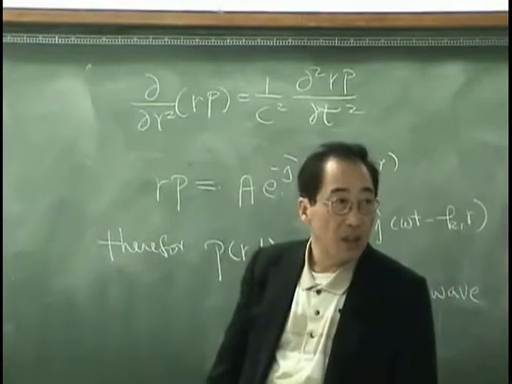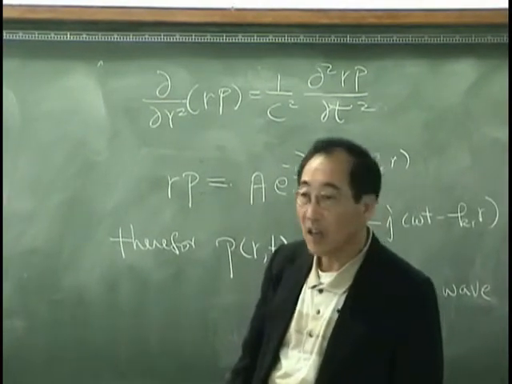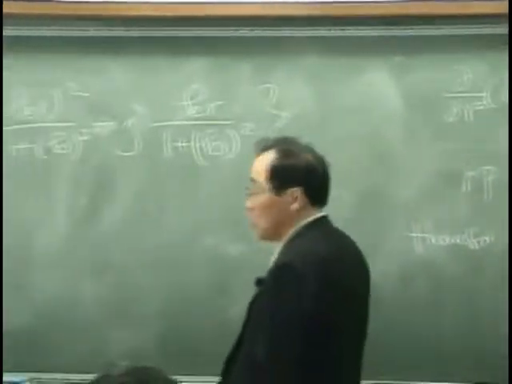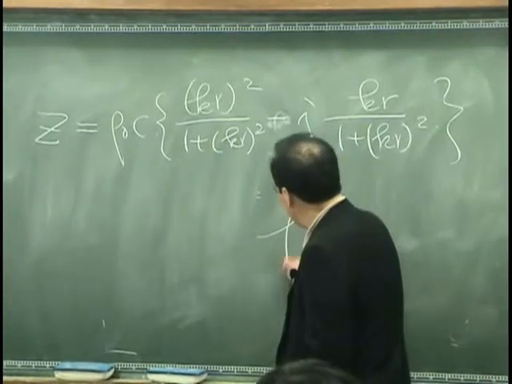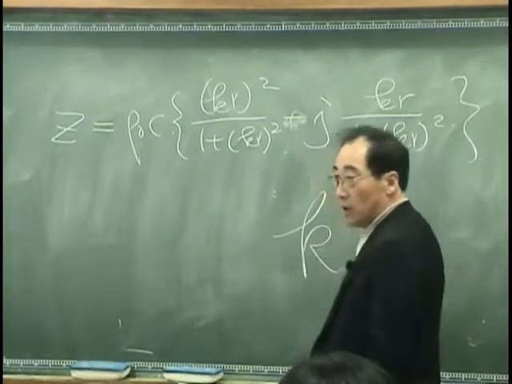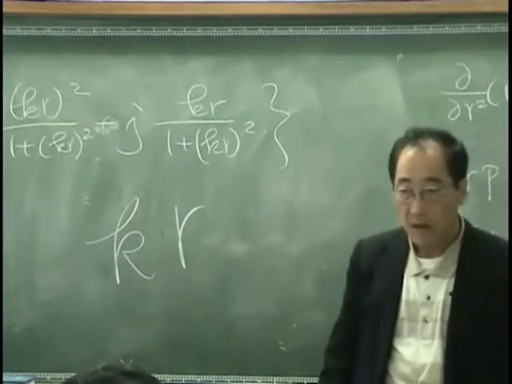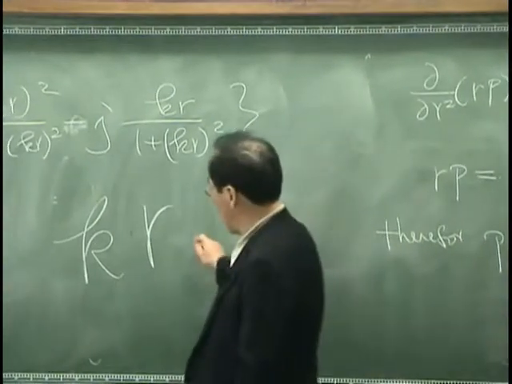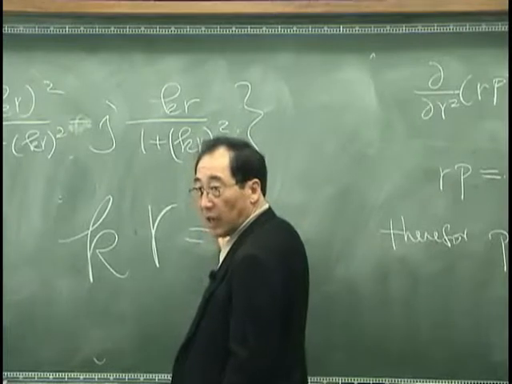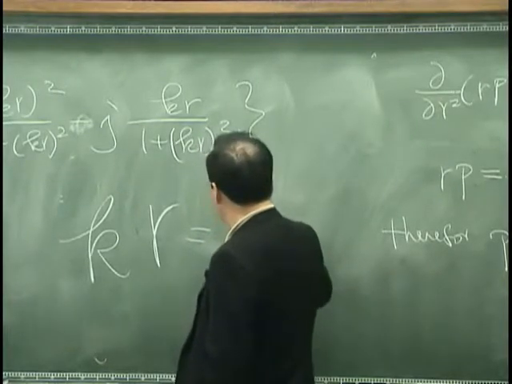Wow, that's very interesting. First, it depends on kr. Okay? What does kr mean? k is 2 pi over lambda.